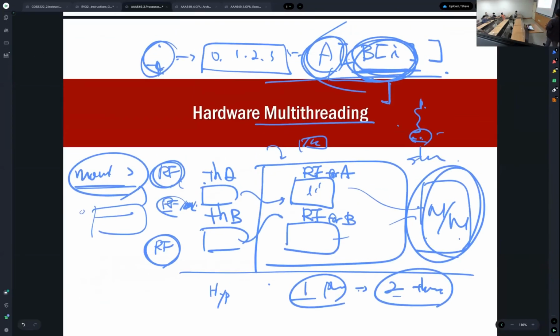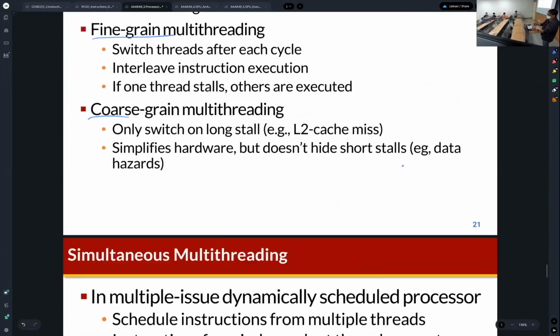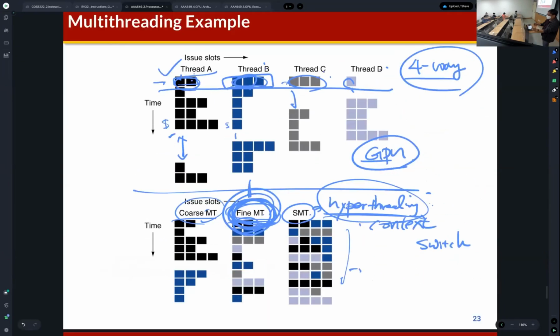We also learned about hardware multi-threading, and there are two different kinds of hardware multi-threading. I hope you can understand how multi-threading is implemented in your processor. Intel or AMD processors support simultaneous multi-threading.